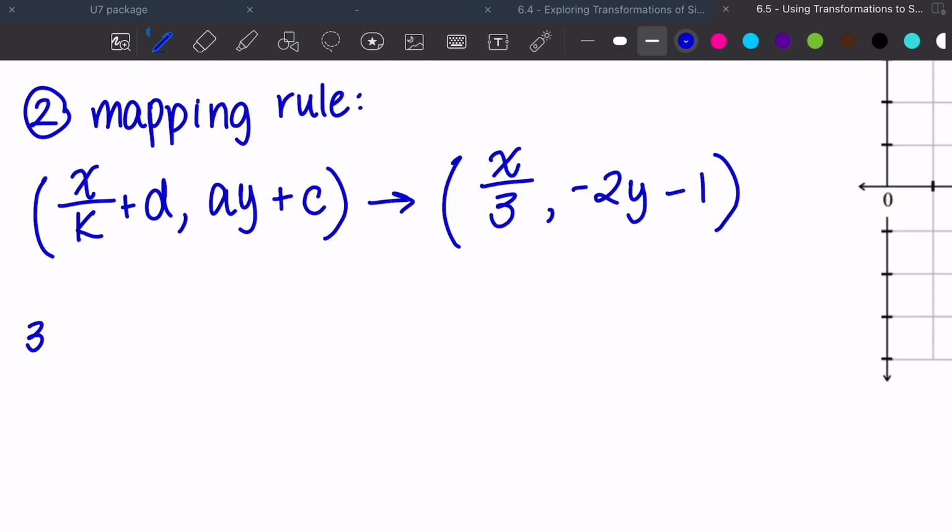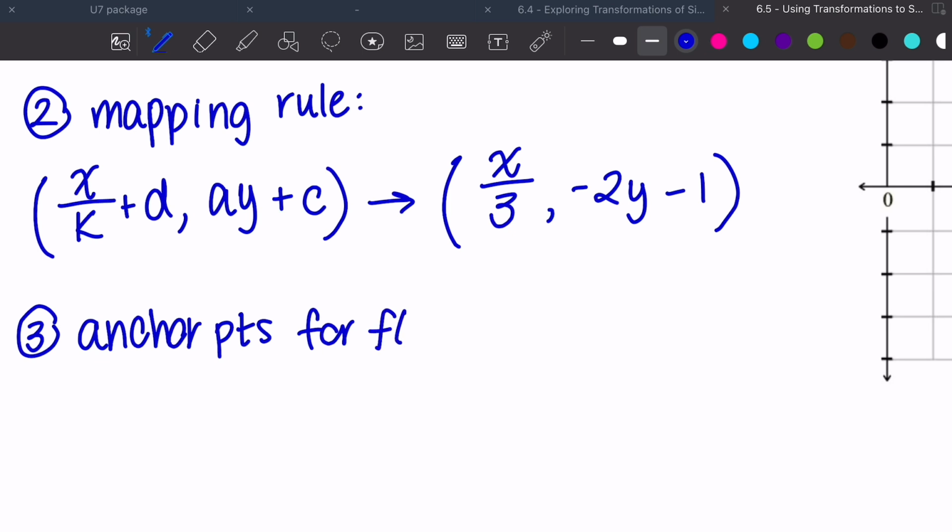And same thing like we did for the last one, the anchor points for cos. For f of x equals cos x, you can use your calculator to determine these, right? So again, you're always starting at 0, you're going to 360, you're doing these 90-degree increments, and your calculator will tell you what each of those points are.